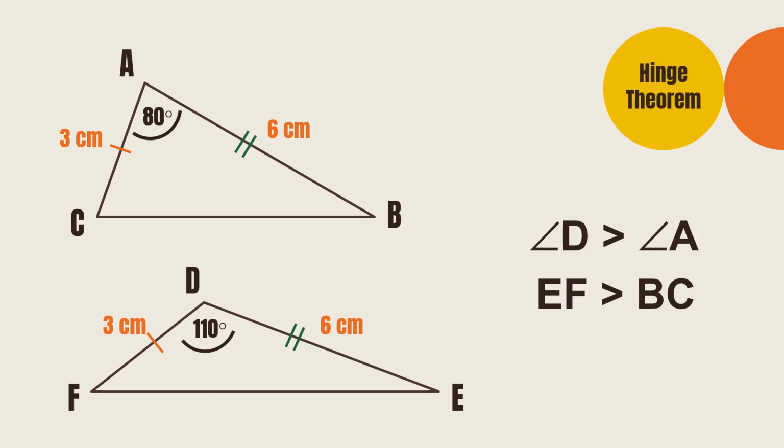Ganun lang kasimple yung Hinge theorem. We have to consider two triangles having two congruent sides. And then we take a look at the given, that ang given natin dito for the Hinge theorem ay yung angles, included angles. Yun daw, bigger angle, yung opposite side niya would be the longer side compared dun sa opposite side ng smaller angle. Yan. So, yun po siya.